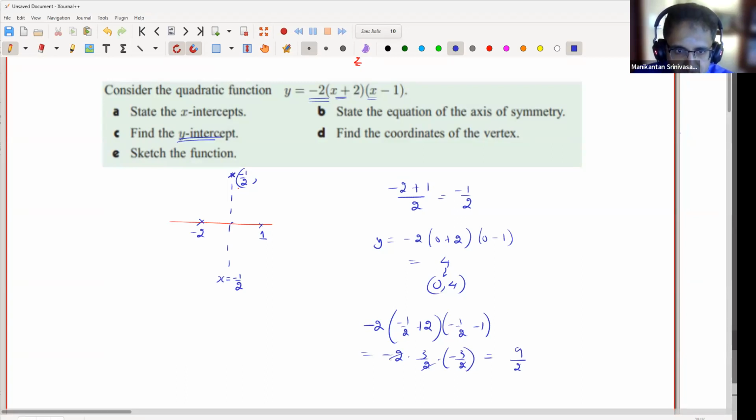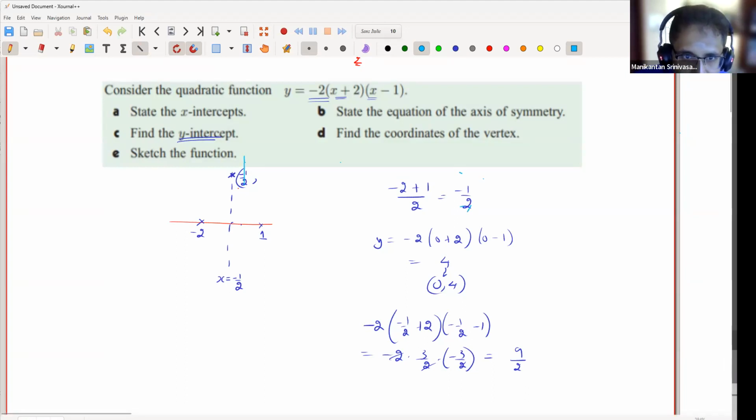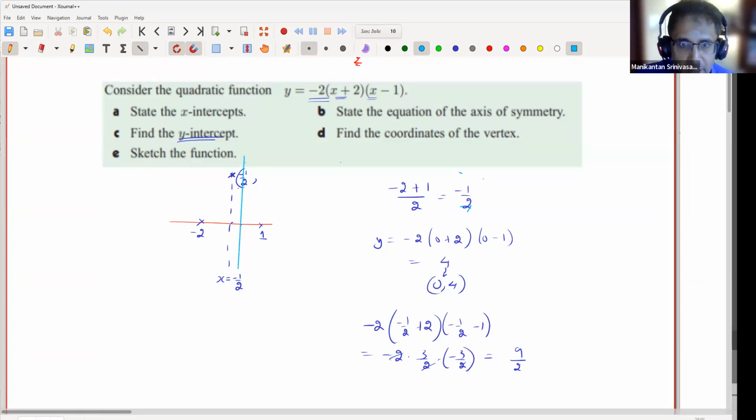So 0 is somewhere here, right? 0 is between -half and +1. So the y-axis is somewhere here. And we just saw that it passes through 0, 4.